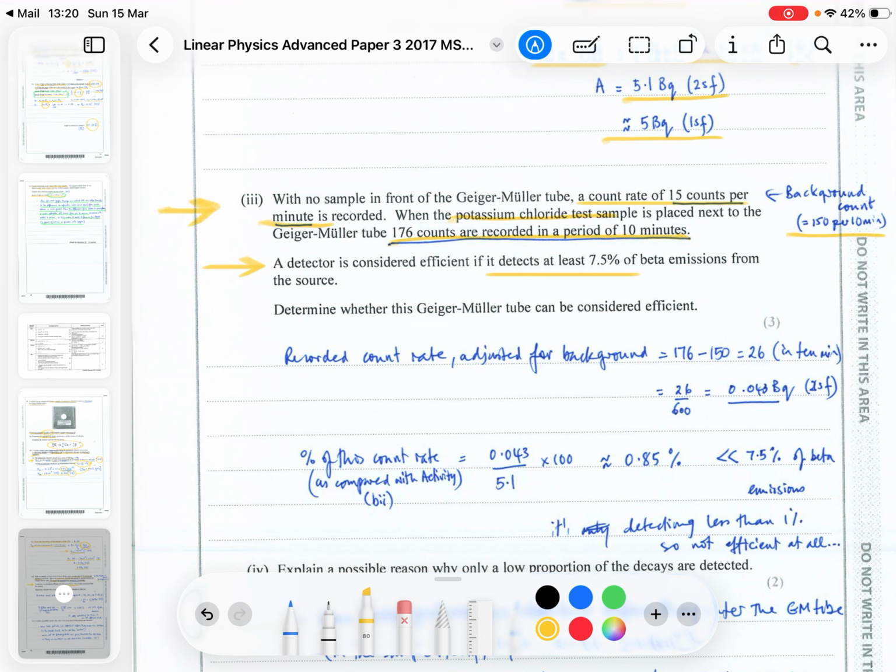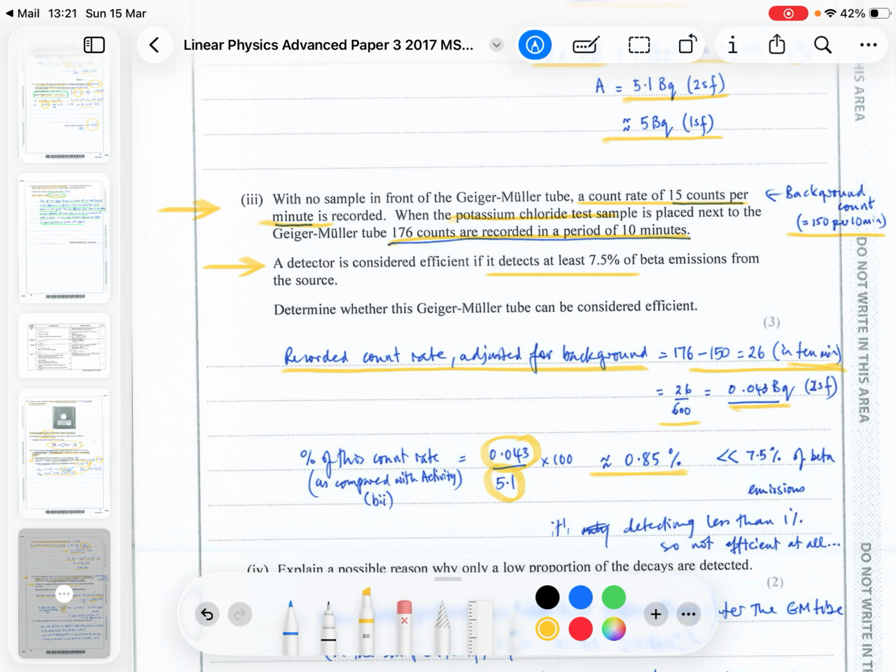Yeah? So how do we do it? Recorded count adjusted for background will give us only 26 in 10 minutes. That says 10 minutes, my writing, sorry. So that's 26 in 600 seconds, which is 0.43 becquerels. Well, that's as a percentage of the 5.1, which we worked out is what we've actually got.